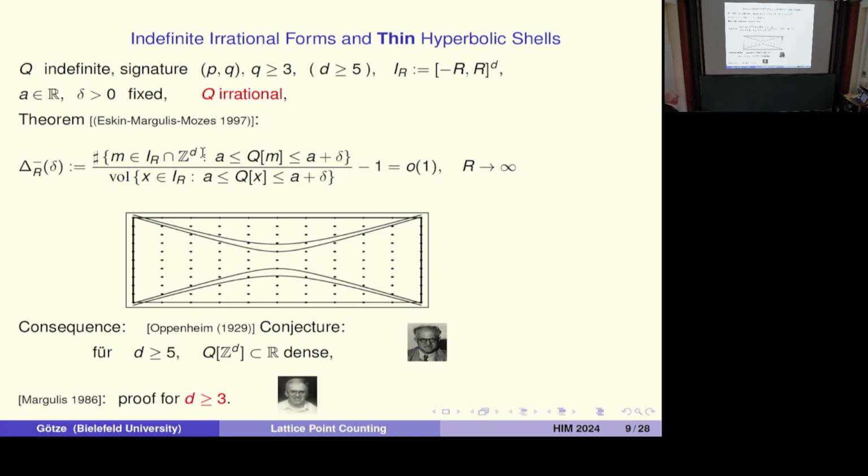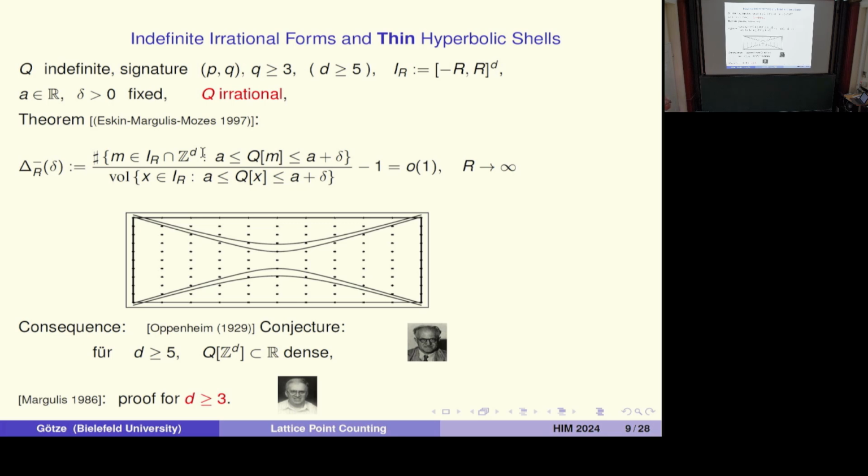But first of all, this was for Margulis, I guess, in 1986, a great event, because he could prove this already for dimension 3 for indefinite forms. And that was, I guess, why he got the Fields Medal at that time, because that was out of the reach of classical analytic number theory, with the usual Fourier analytic methods.